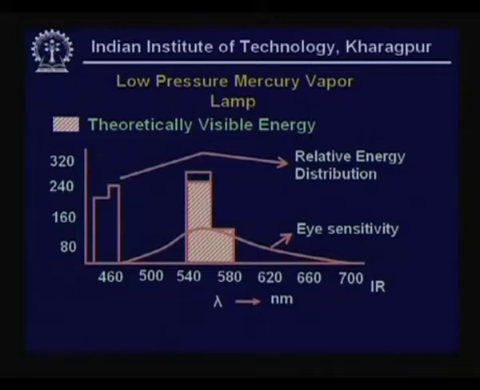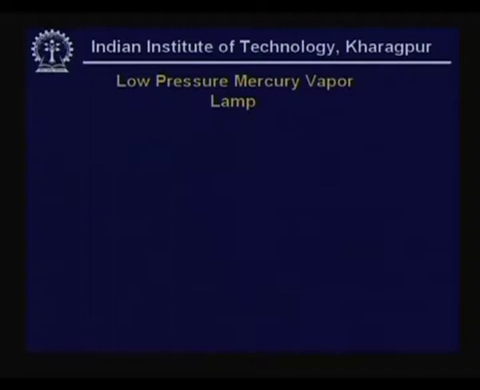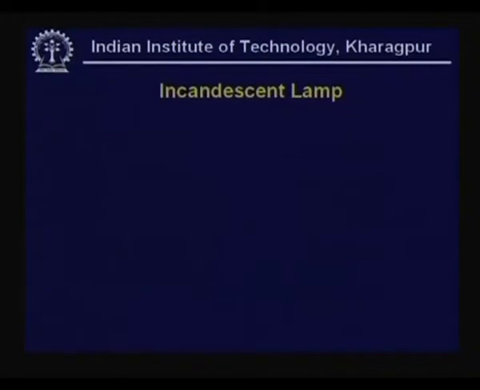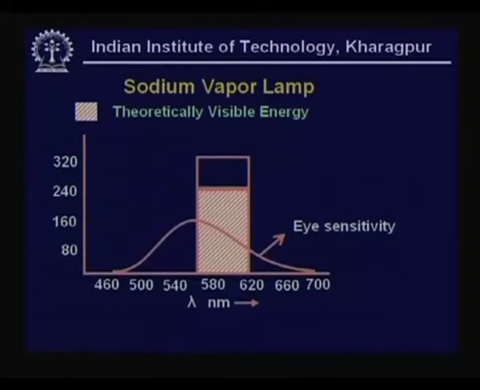So, this is how one could talk of utilization of the energy of radiation available. That is why we said for the sodium vapor lamp we do have a very high level of utilization, very little energy is left unutilized.